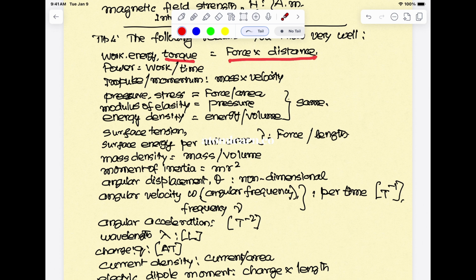Torque is force into distance anytime. Force, and of course distance, is a very basic unit. Therefore, anytime torque comes, you can automatically derive it without wasting any time. Then power is energy per time. Energy is a very basic tip number 1 quantity. Therefore power is energy per time, easy. Then impulse or momentum, the definition, mass into velocity.